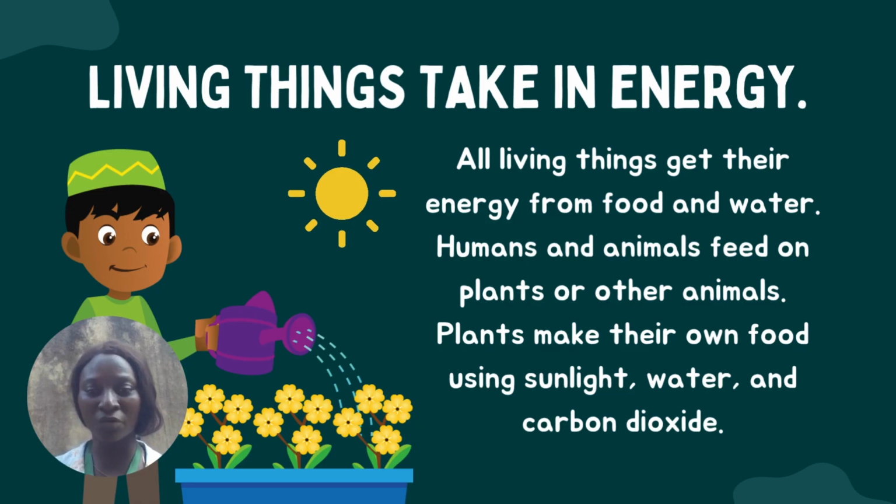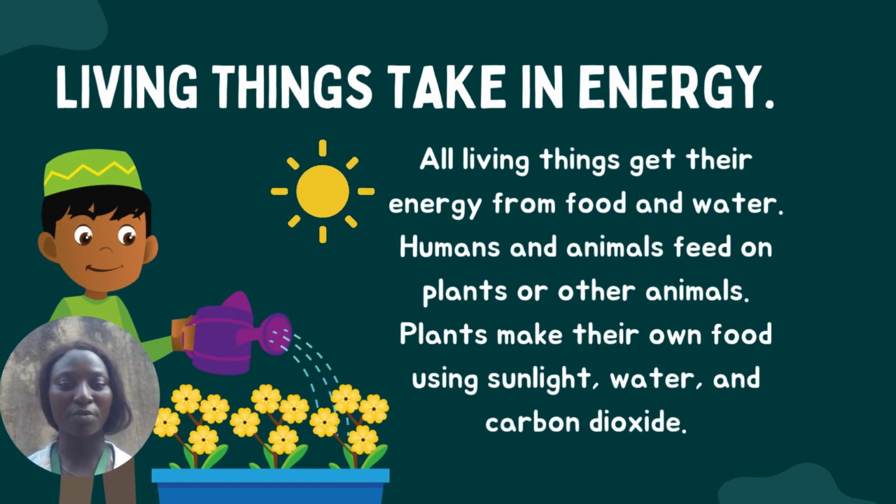Plants make their own food through photosynthesis, that is the process whereby green plants manufacture their food using sunlight, water, and carbon dioxide. So all living things eat because the food they eat is what gives them energy and makes them grow.